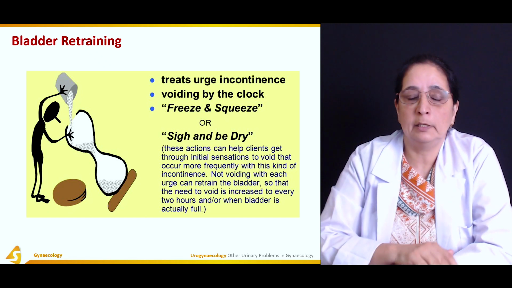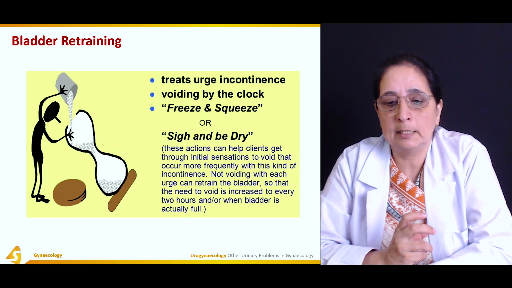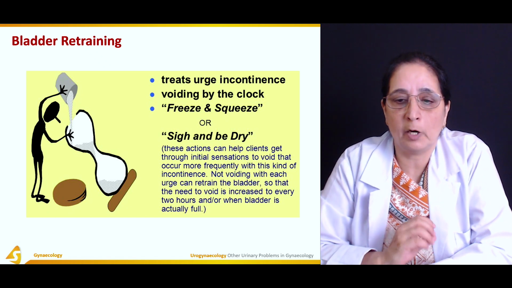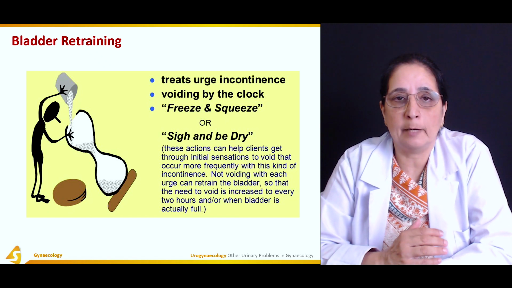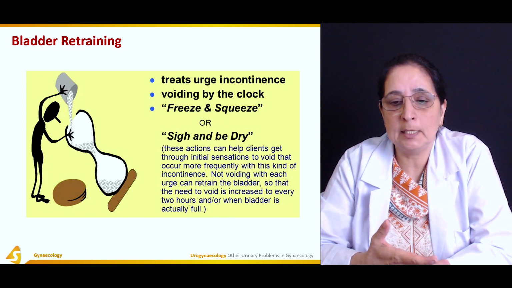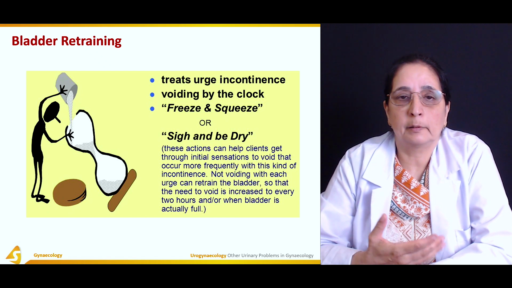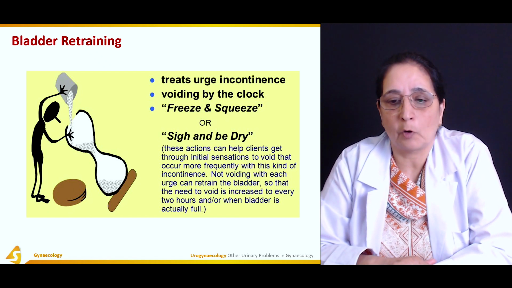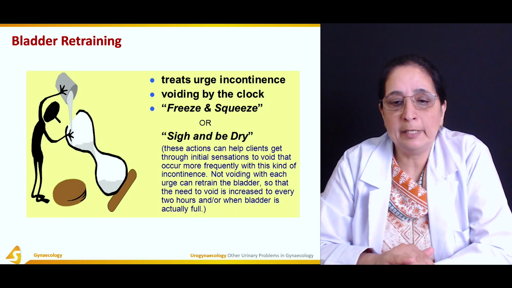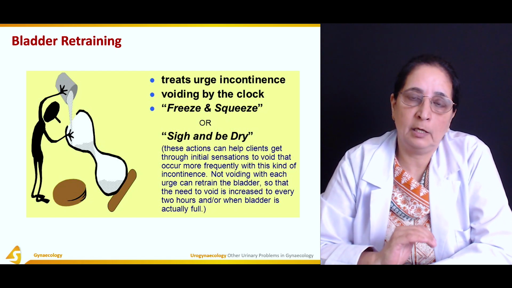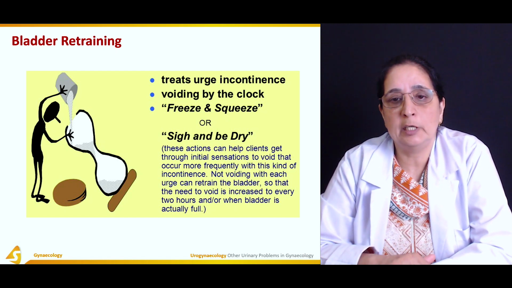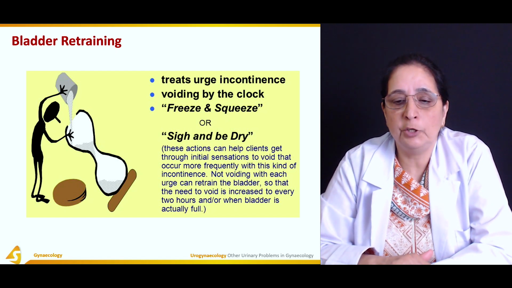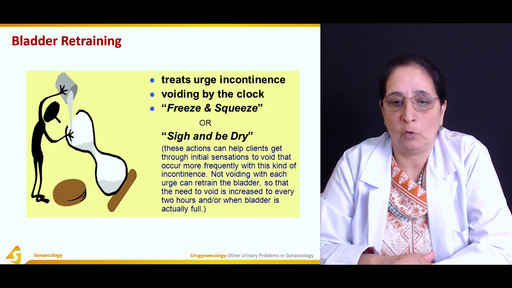Usually when a person feels the increased urge to void, controlling the urine at that time leads to increased control over the voiding process. So, not voiding with each urge. If the patient can control the voiding with each urge, it usually increases the ability of the bladder to hold the urine until it's actually full.